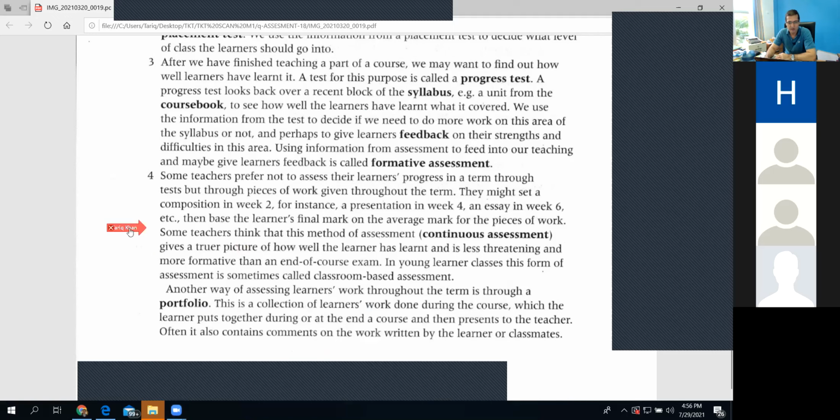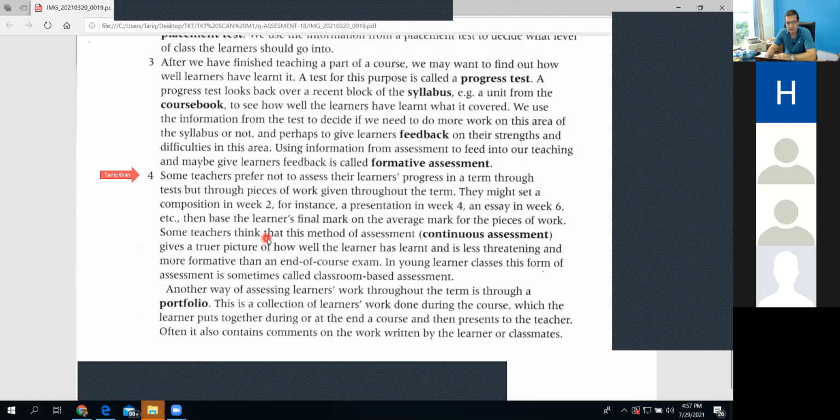No worries about it. Next one is, some teachers prefer not to assess their learners' progress through tests, but through pieces of work given throughout the term. They might set a composition in week 2, for instance, a presentation in week 4, an essay in week 6, etc. Then base the learner's final mark on the average mark for the pieces of work.